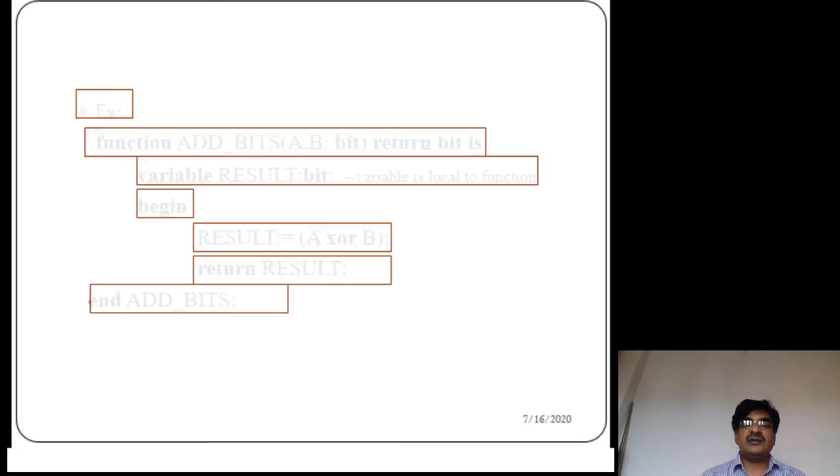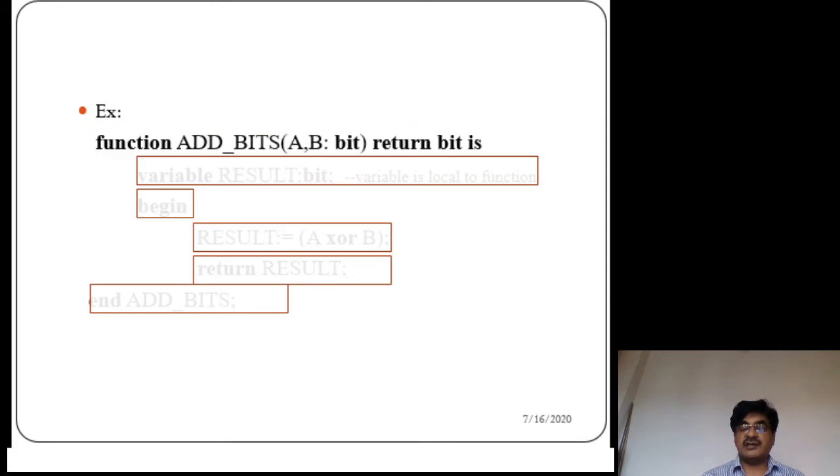Now let us see one example for the function. The example starts with the word function, and the name of the function is add bits. It is a user defined name.